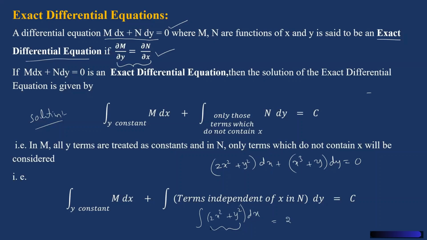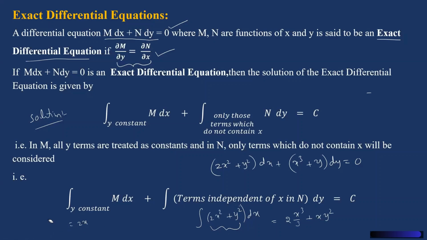You can write these two aside. Then integration of x square is x cubed by 3. Plus, here this y square is a constant. When y square is a constant, its integration is simply y square multiplied by x. Like when we integrate 2, we write it as 2x. In a similar way, when we integrate this y square, we'll get y square into x.